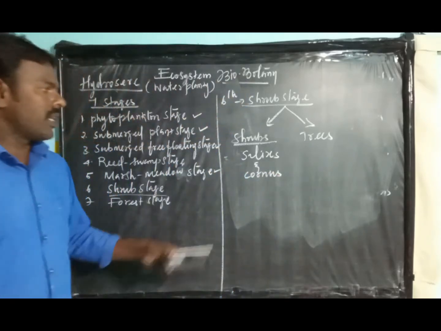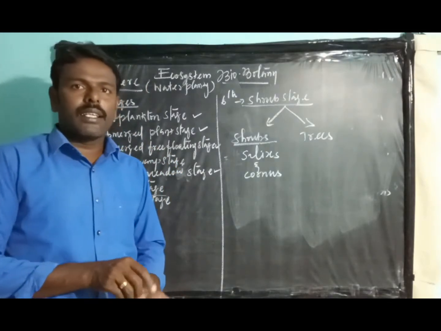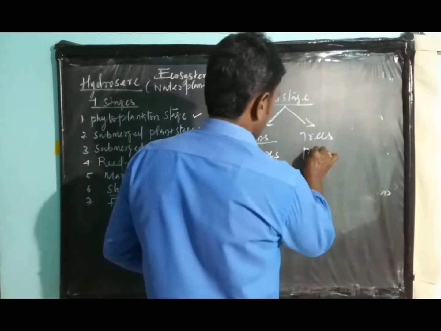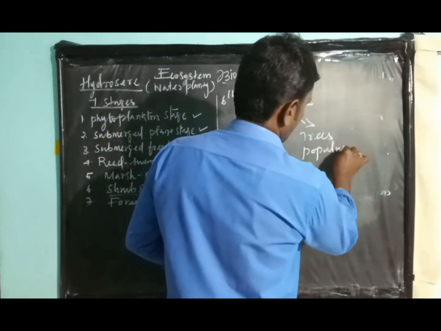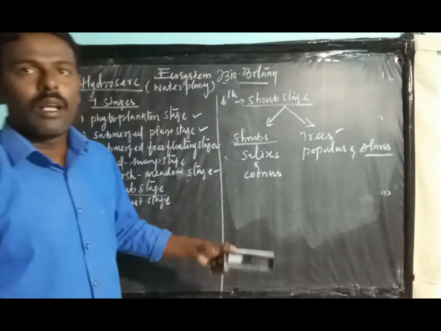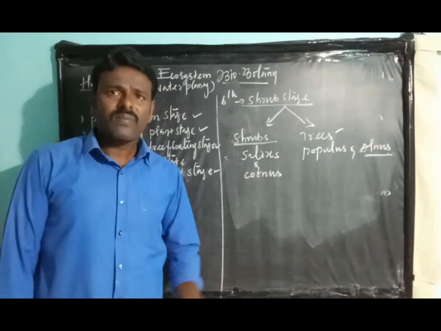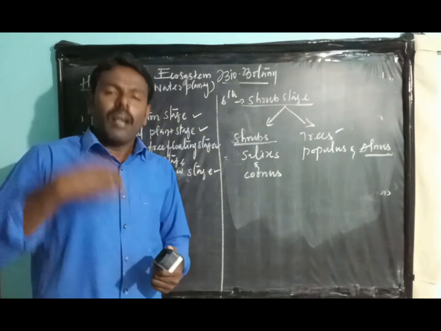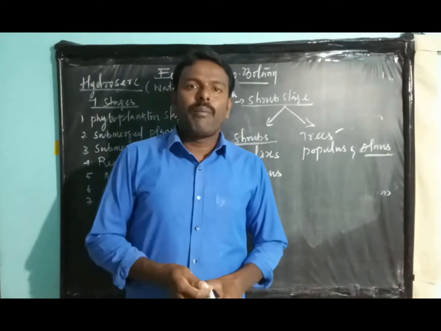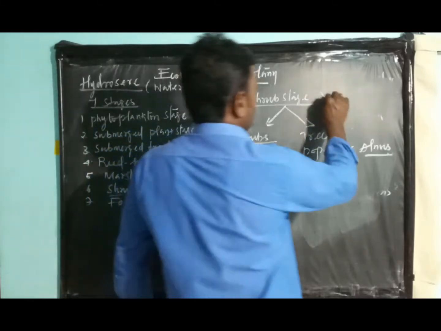Examples of trees are Populus and Ulmus. These plants develop in the next stages with an increase in height, because they develop vascular tissues.